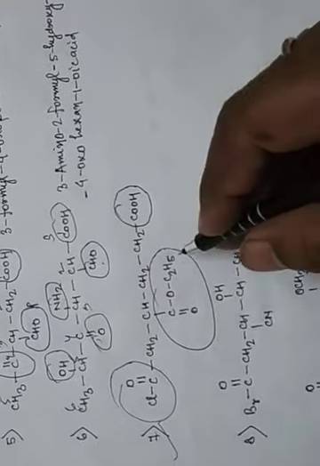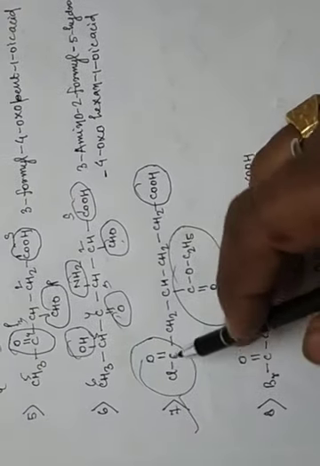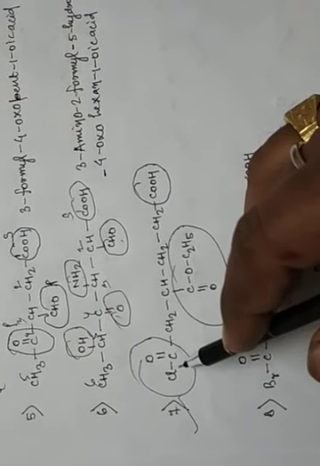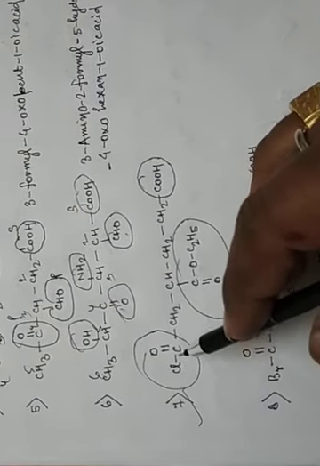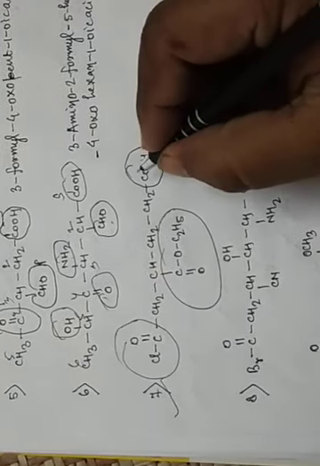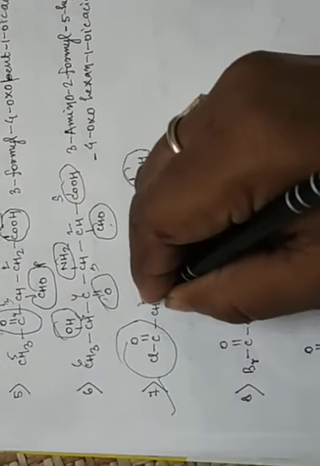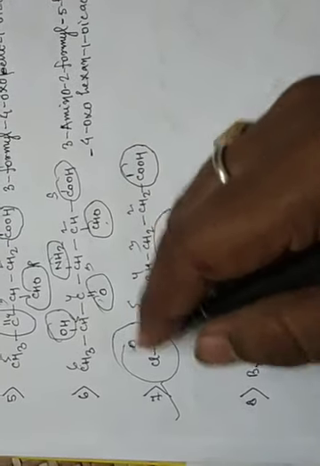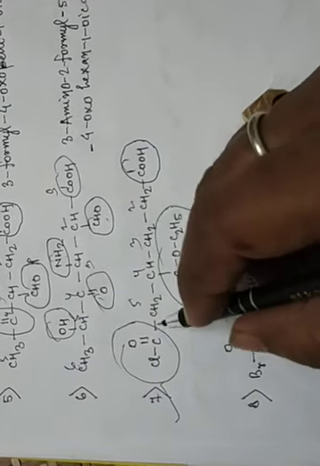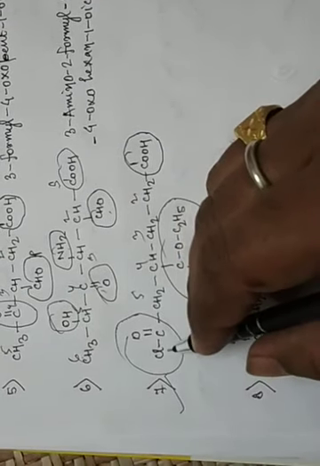Clear? Okay. Now C2H5 means ethoxy, and this is carbonyl chloride, so chloroformyl. So counting from that side, 1, 2, 3, 4, 5. Not this side, because this is a functional group. So in the 5th position there is a chloroformyl.